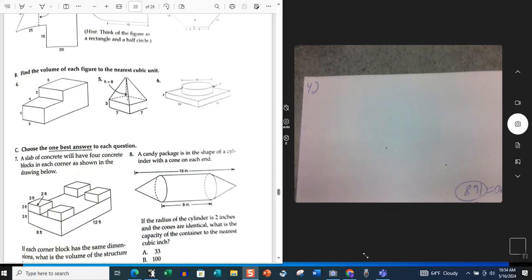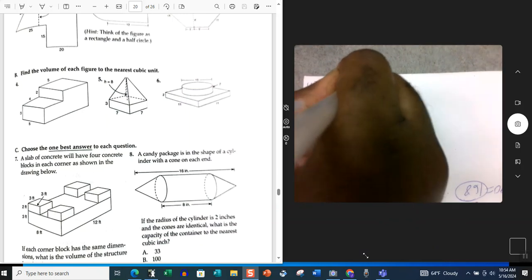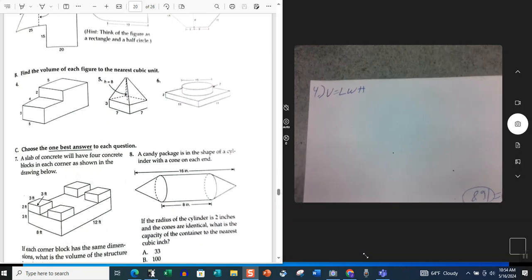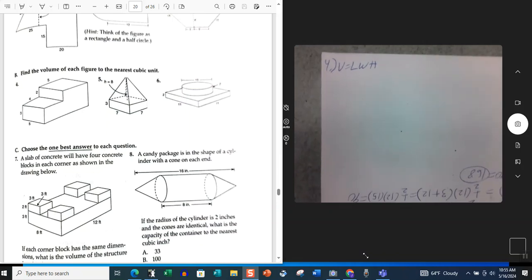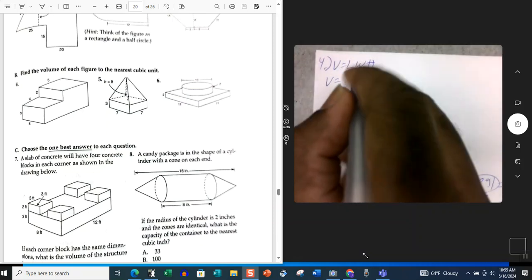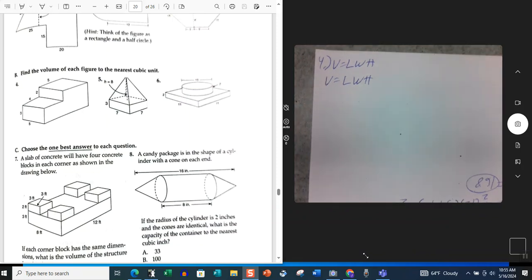Now the volume of a rectangular prism is length times width times height. Okay, so we're going to do that twice, because we're trying to find the volume of the larger one and the smaller one. Now if you look here, I think the smaller one would be easier to do. So we'll do this here. So that'd be 4, 3, and 5.